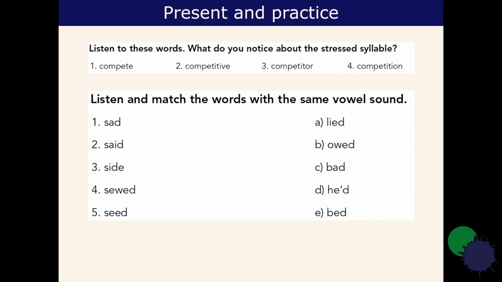We get words like side, lied, sowed, owed, seed, heed. Again, it's listen, it's notice. Here they have to draw a line, so there is an exercise involved. It's very controlled, all dealing with pronunciation at a very segmental level.